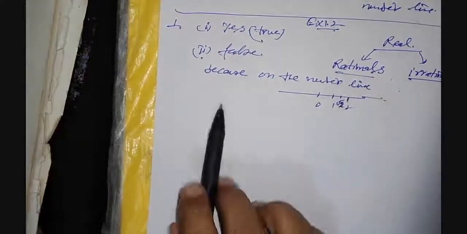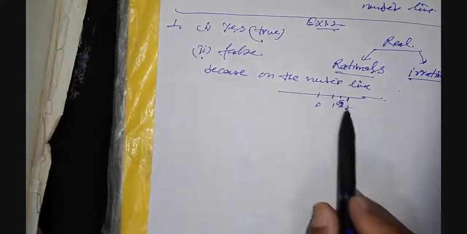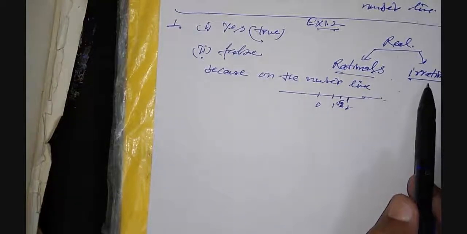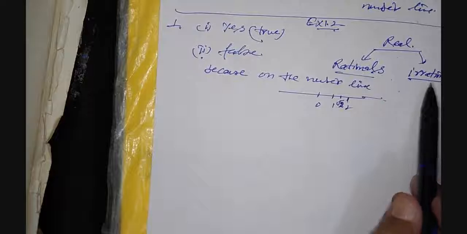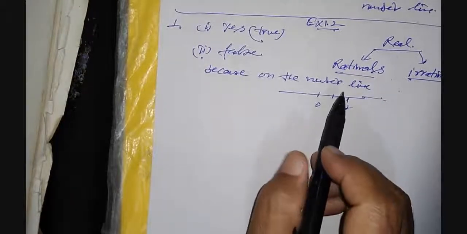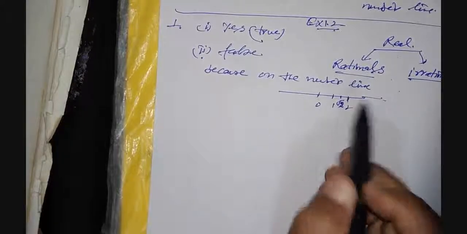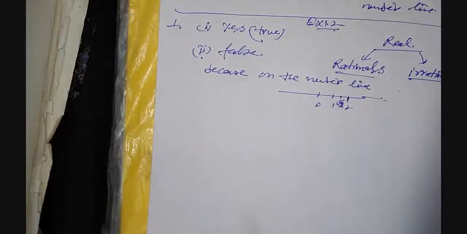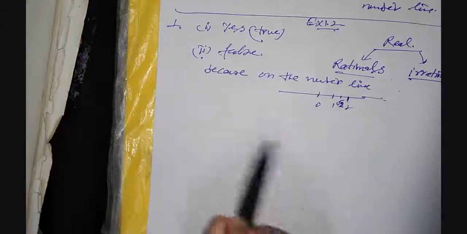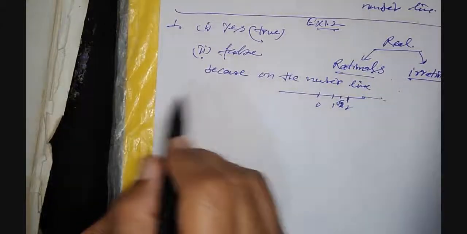So every number is not of the form under root m, meaning not of the form irrational. This number line also has points like 0, 1, 2, that are natural numbers, rational numbers, integers. So not all the numbers are of the form irrational.